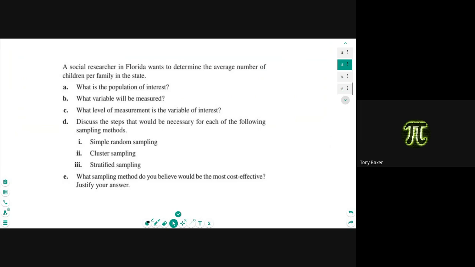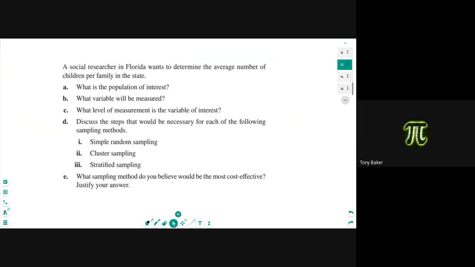Okay, that'd be a different way to look at it. By income? What are we trying to measure? We're looking for children in the family, right? So income probably would have a breakdown there.